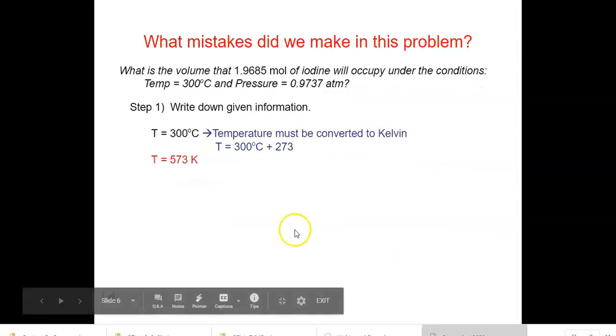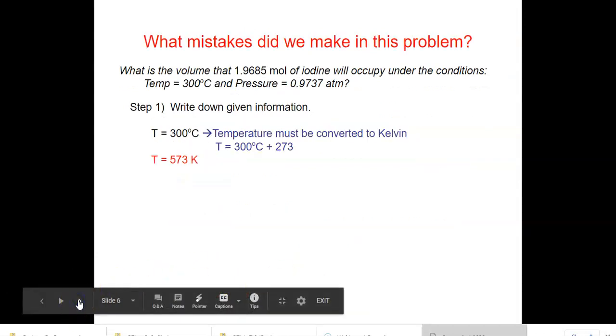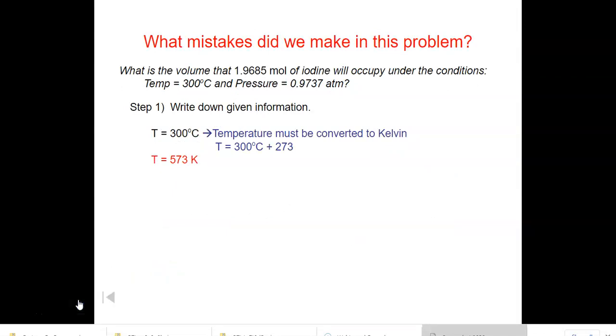However, you notice I don't have an answer here, and there's a reason for that. So take a second and look at the fact that there is a mistake. When we wrote down the information, we forgot one crucial step: for all of our gas calculations, we have to use Kelvin.